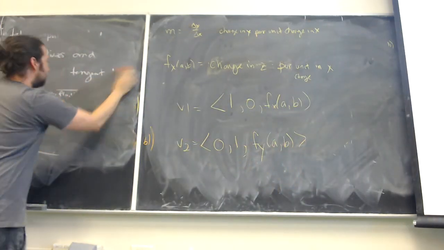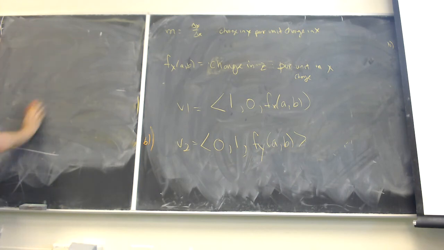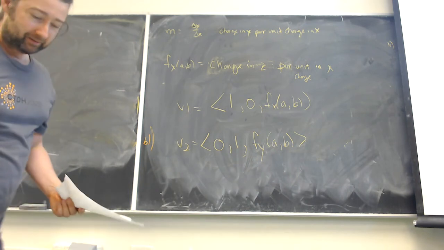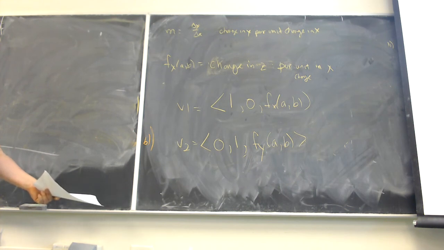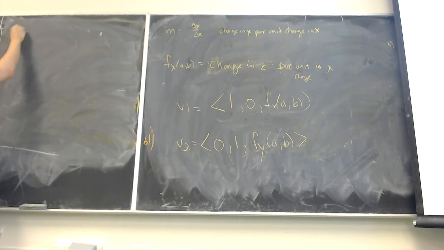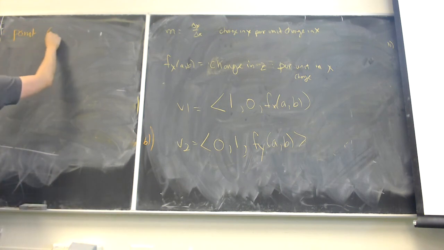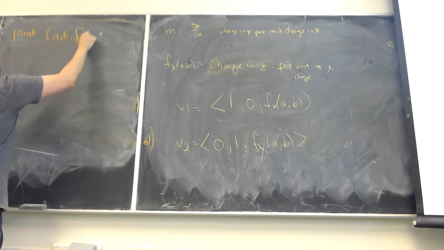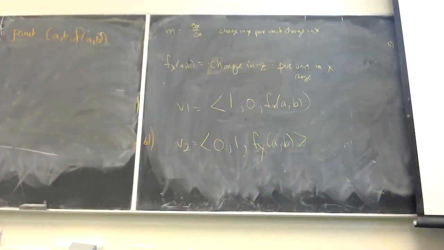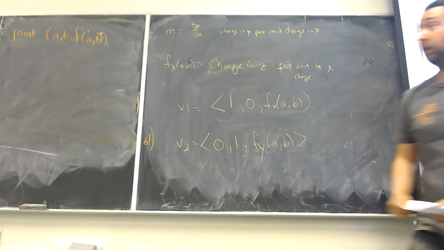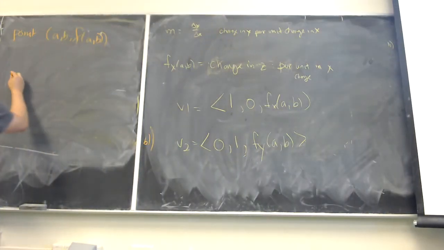Now, because you have nothing better to do than compute normal vectors, we almost have what we need to have the equation of a plane now. We have a point, which is (a, b, f(a, b)). We know that point is in the surface. There it is right there. That's the point. We have two vectors in the plane.